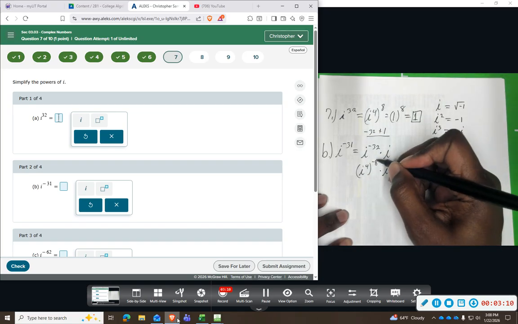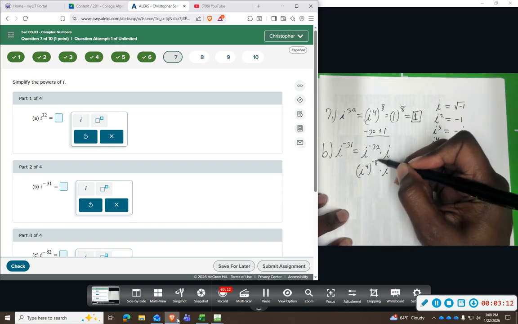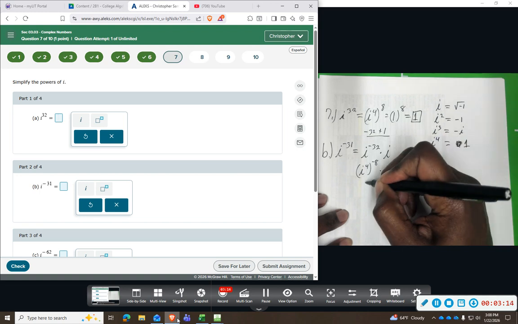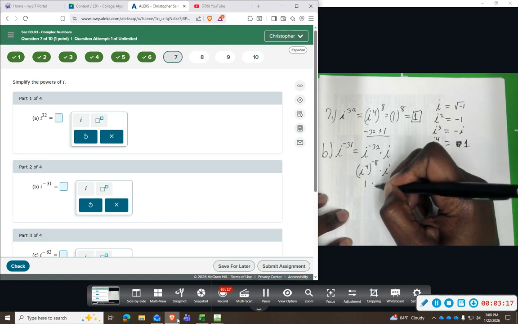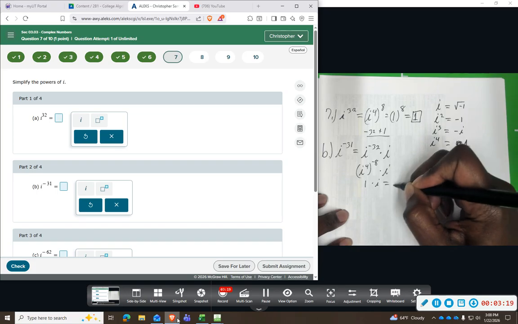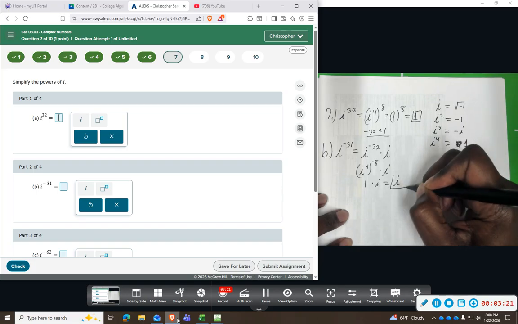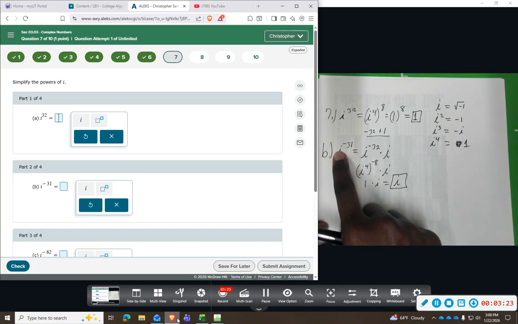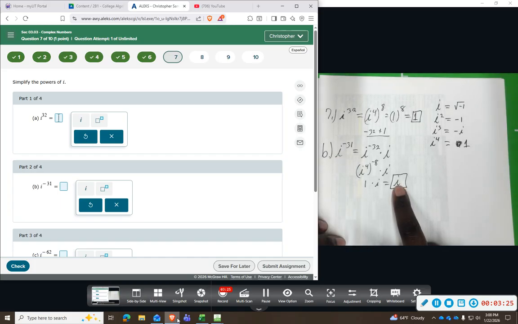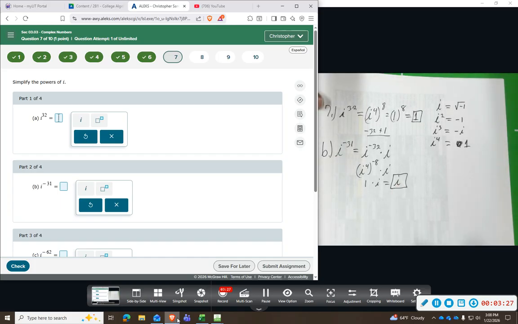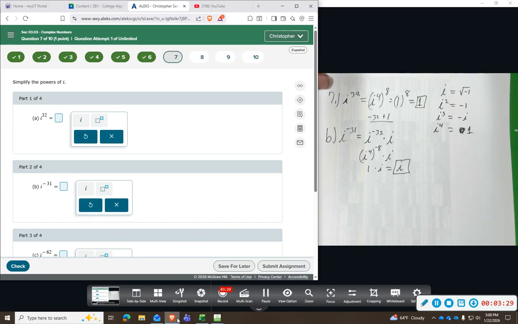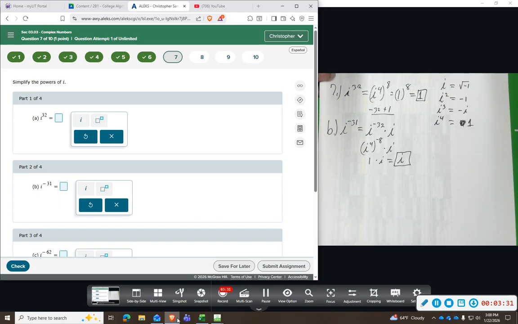We multiply that, which is just 1, 8 times, and we still get 1. So we have 1 times i, and that will just be equal to i. So i to the -31st power is equal to i. Just leave it like that.